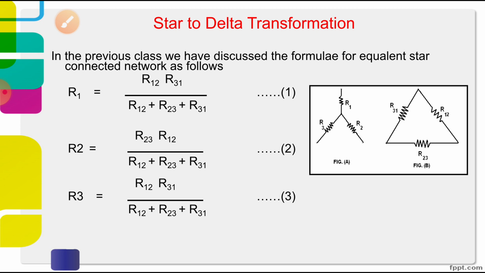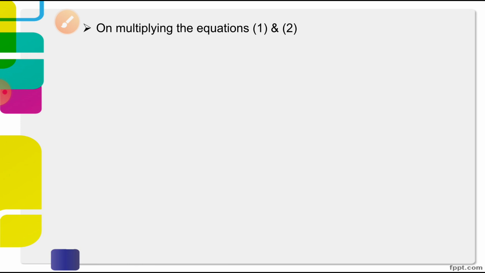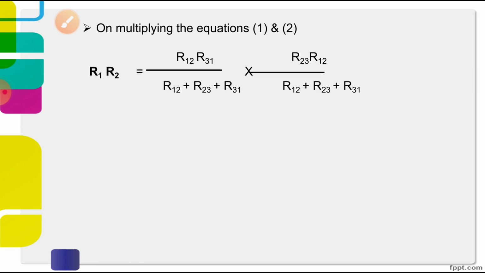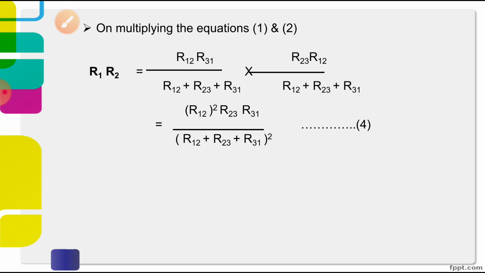Now by multiplying 1 and 2, what will we get? R1 value known, R2 value known, simply multiply it. Then this is the fourth equation, R1 into R2, R12 squared into R23 R31 divided by the sum of the values R12 plus R23 plus R31 whole square, that is the fourth equation.